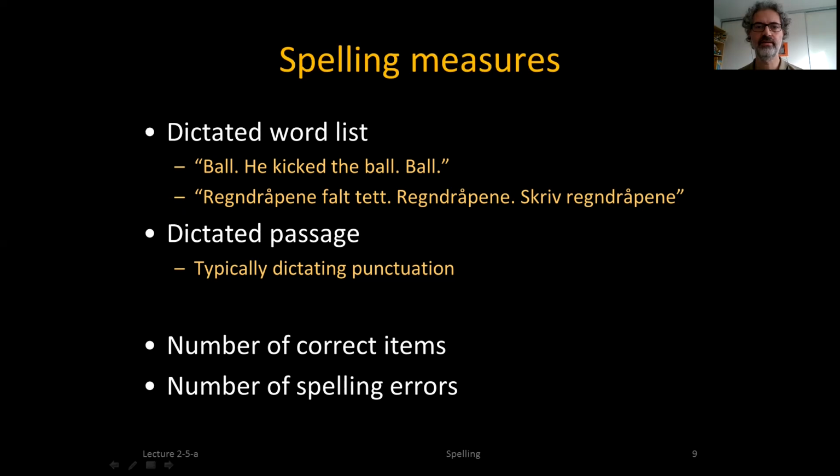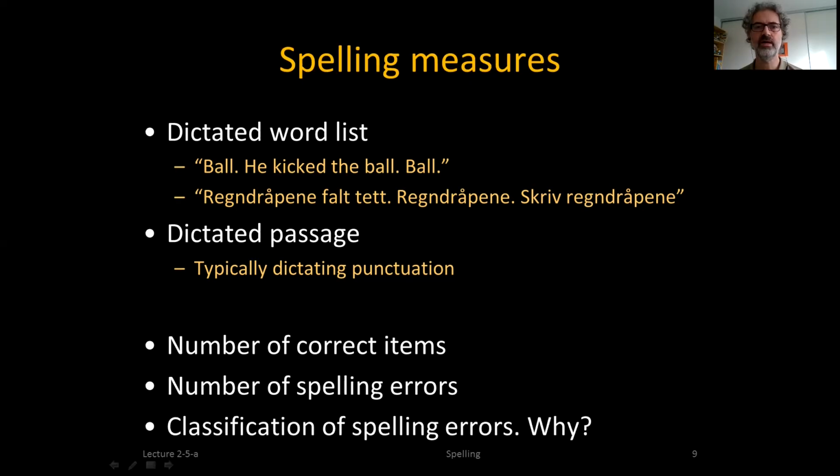This is also a very good finding for practical reasons because it means you don't need to spend time on any complicated scoring, because just counting the number of correct words gives you all the information you need to decide about somebody's spelling level, as long as the spelling test is properly made. However, it is true that spelling errors are different.